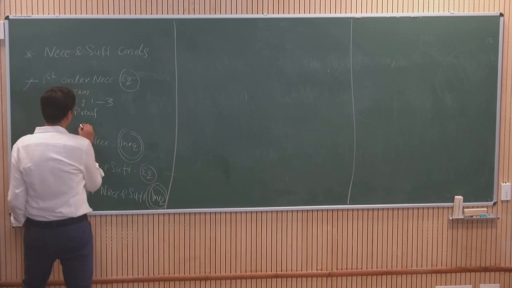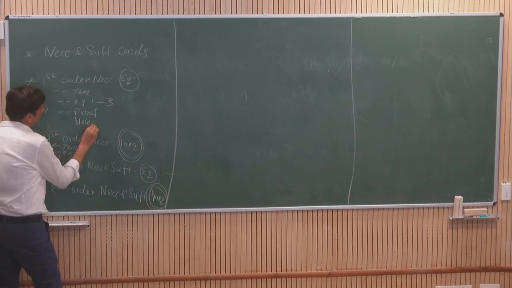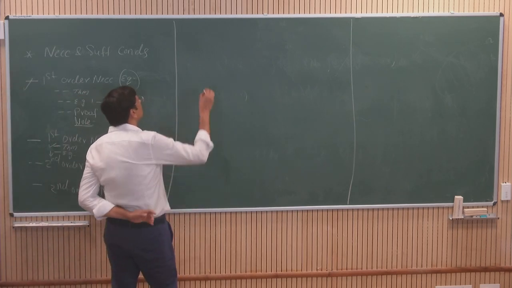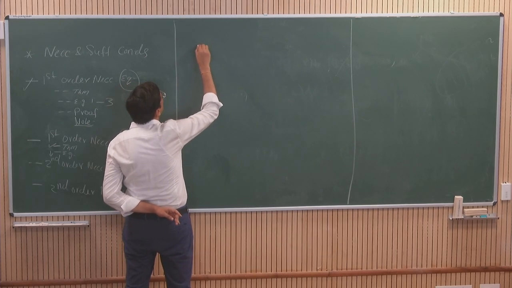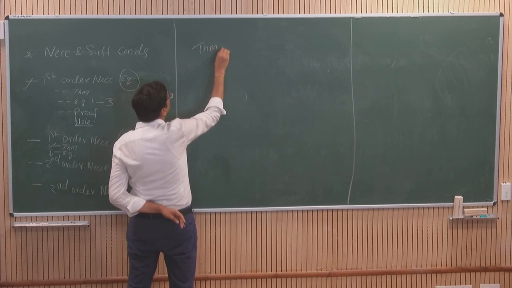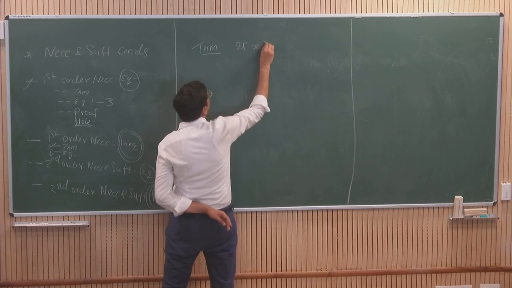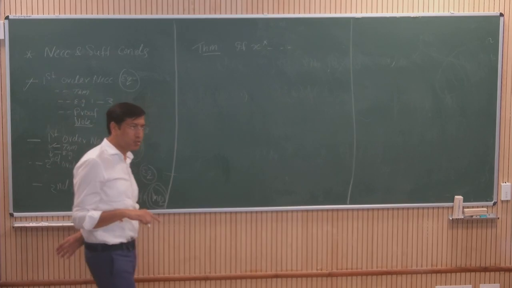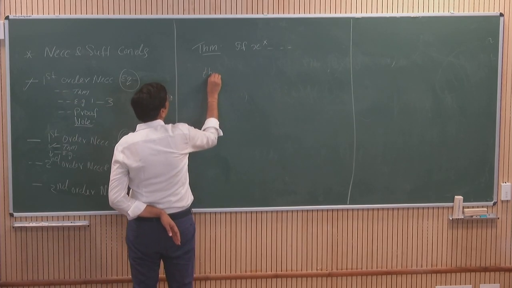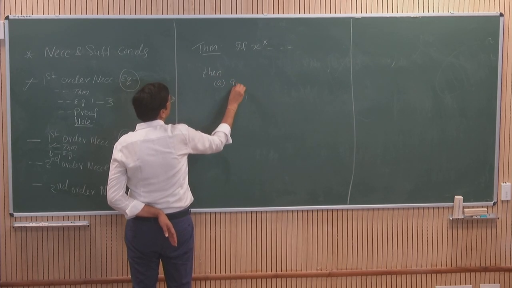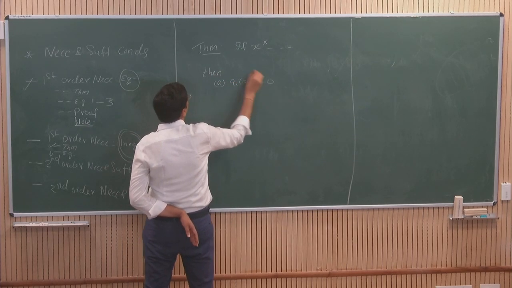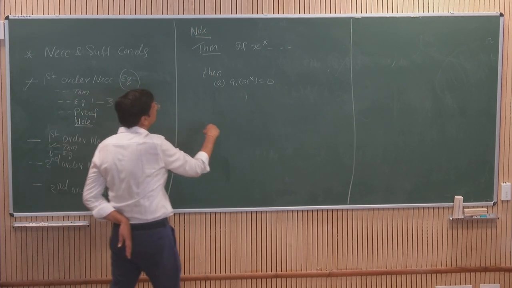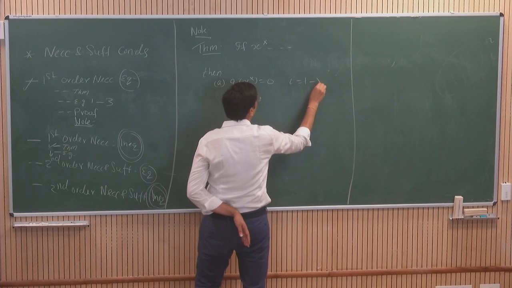Before I go ahead with this, there is a note I wanted to write which I didn't write yesterday for the first order necessary equation. The first order necessary conditions for a minima and equality constraints. So the theorem here had said: if x star is a local minimizer of the problem and is regular for the constraints, then we had written that ai of x star is equal to 0, for i going from 1 through r.